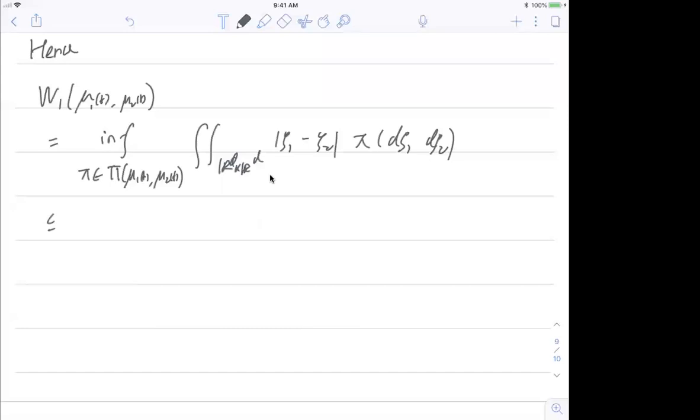So if we restrict the infimum domain, it becomes bigger. So we can just restrict all these pi to the push forward of pi initial, and we change our measure. So it becomes bigger, right? Possibly they are equal, but at least you put this sign here.